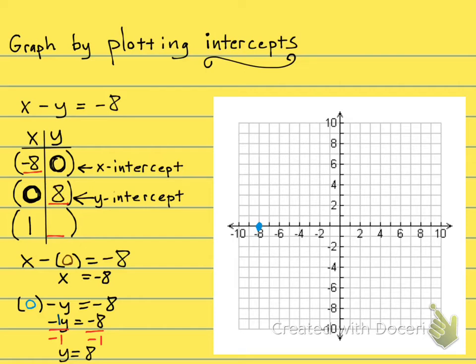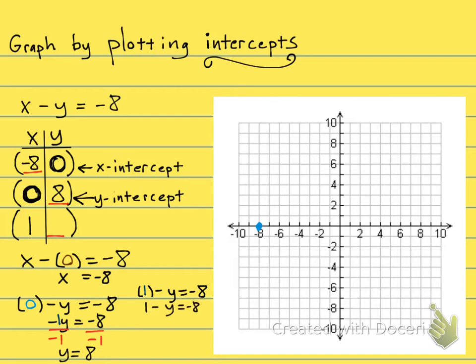Okay, this is just a coincidence here that these two have the same shape. Let's pick a third point. I want to plug in a 1 for x, and I want to find out what the y is. So x minus y is -8. I'm plugging in a 1 for x. 1 minus y is -8.